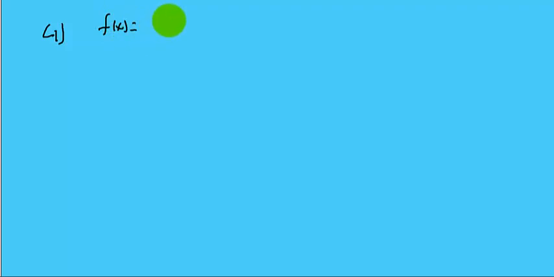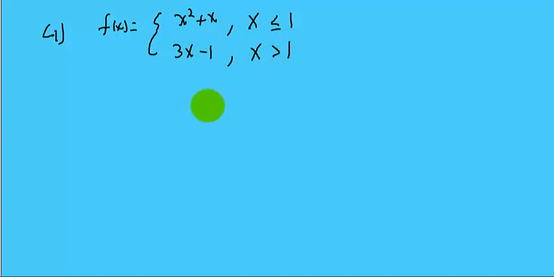F of x is equal to, it's a piecewise function, x squared plus x when x is less than or equal to 1, 3x minus 1 when x is greater than 1. A, show that f is differentiable at 1. And then after you show that, they want you to find f prime of 1.